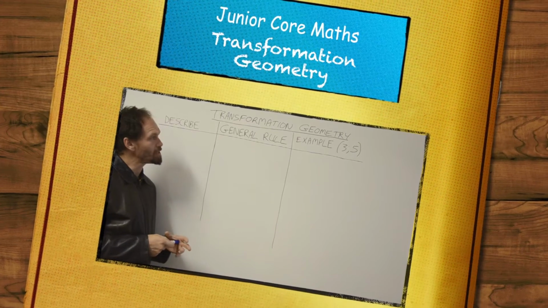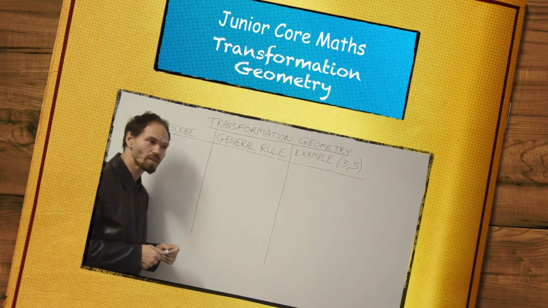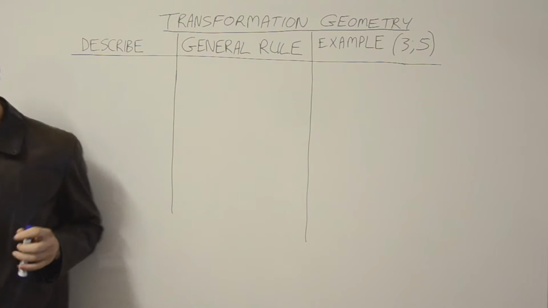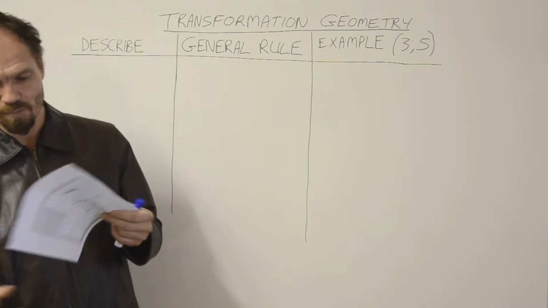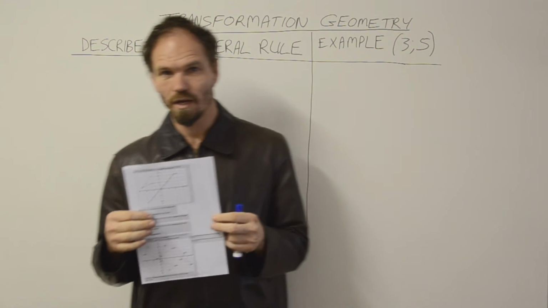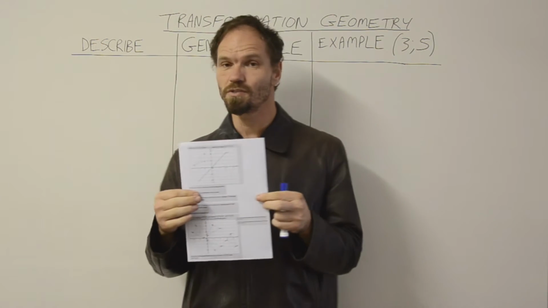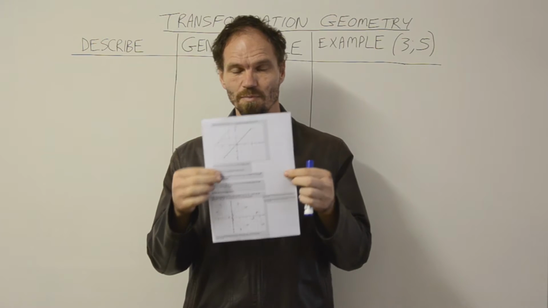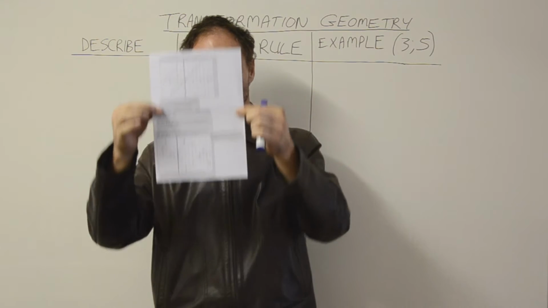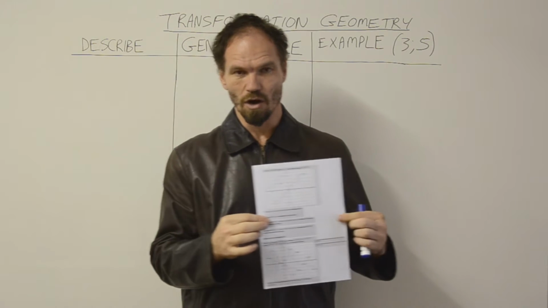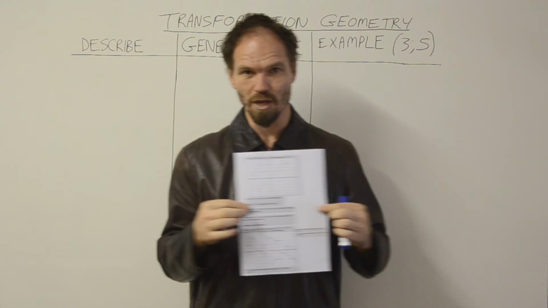Right, so our next topic here, transformation geometry. Now that is when, let's take this page I have here. And transformations is when you move something, in other words, just shift it left and right without doing anything else to it. See that? The orientation of the page stays the same.